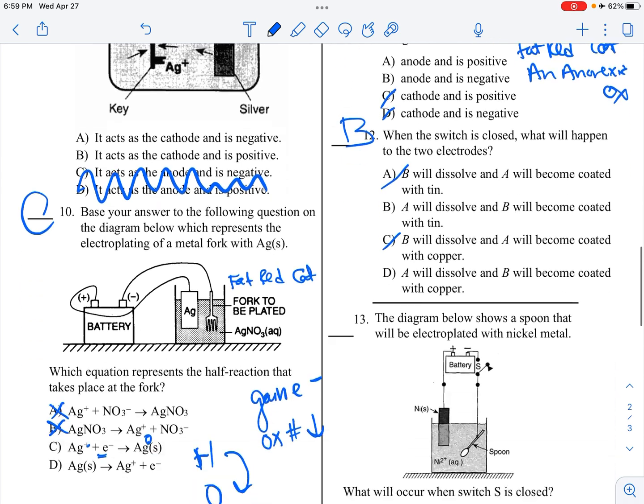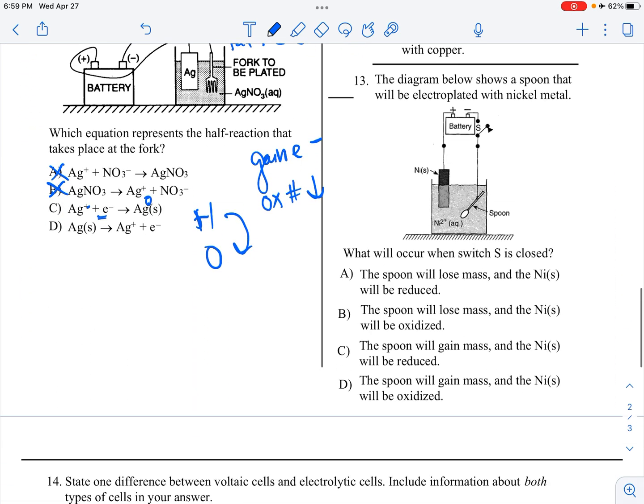All right, so another one. What will occur when switch S is closed? Again, the spoon is going to be the fat red cat, getting larger, larger, larger. And the strip of nickel is going to be the anorexic ox, getting smaller, smaller, smaller. So the spoon will gain mass, and the nickel will be... So be careful.